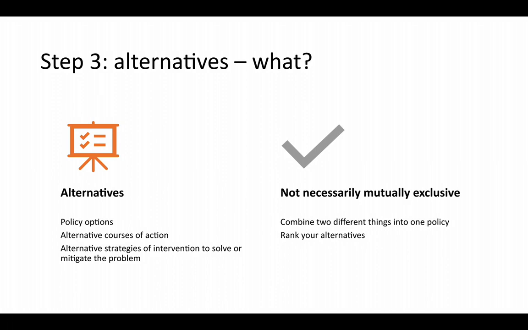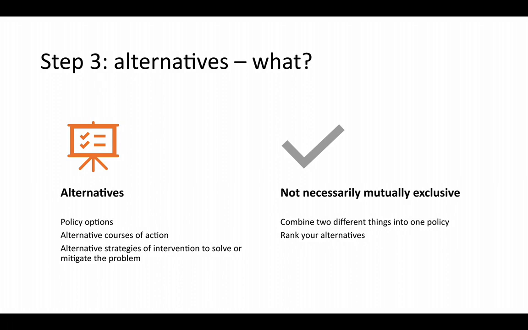Generally speaking, you either solve or mitigate the problem if the problem is inherently very difficult to solve. For instance, poverty alleviation, right? You probably can never solve this. However, you at least have some methods, solutions, and alternatives to mitigate the problem.